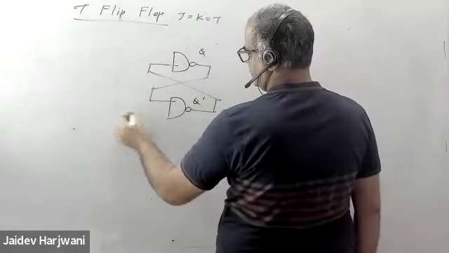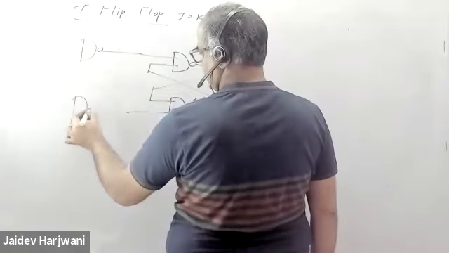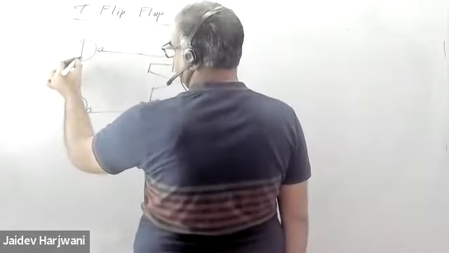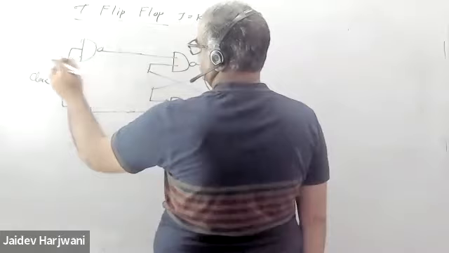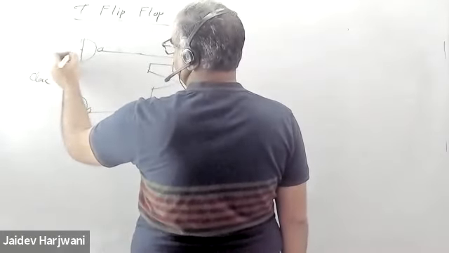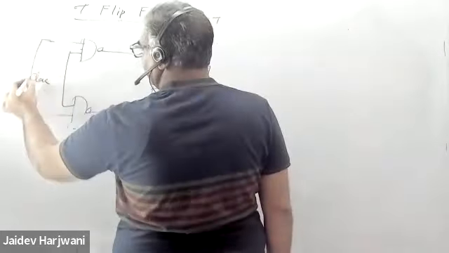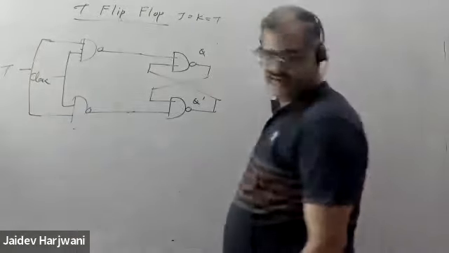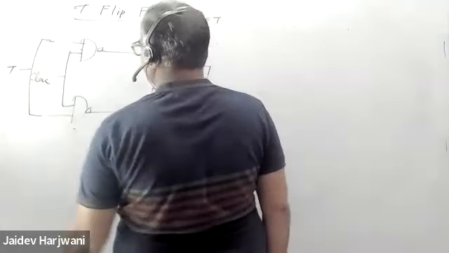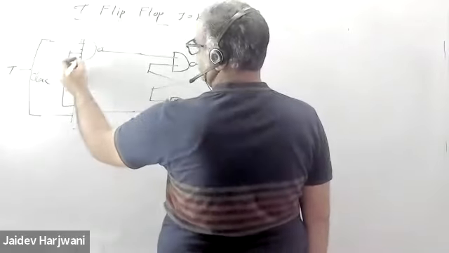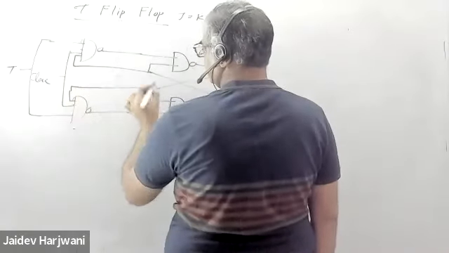This is your latch. Then you have the clock. Now you have J here, K here. I am connecting J and K with another variable, say T. But now it is only one variable T instead of JK. This is your T flip-flop.